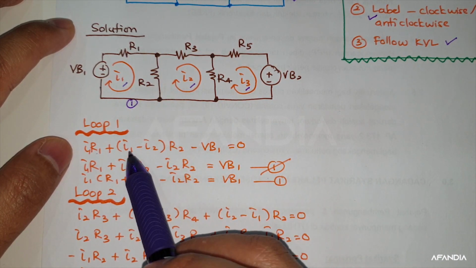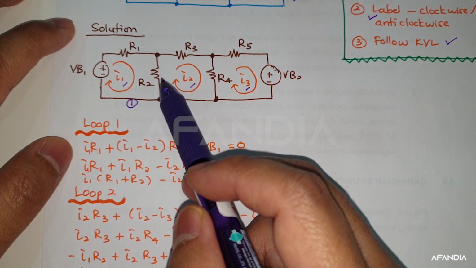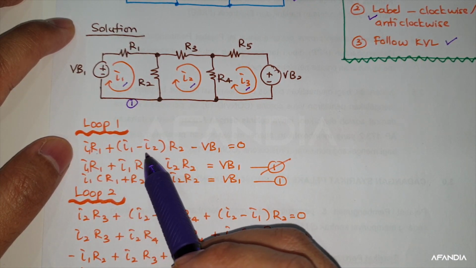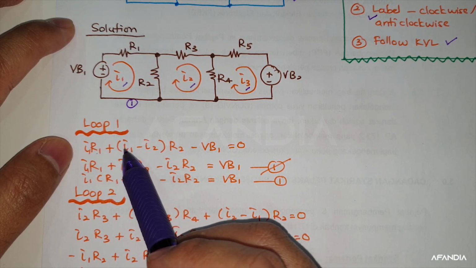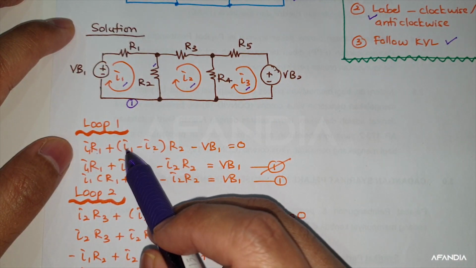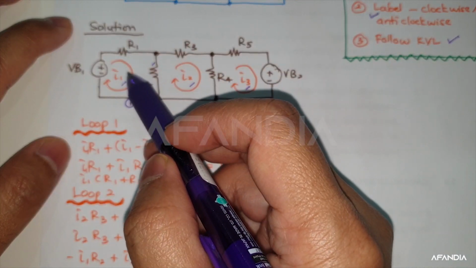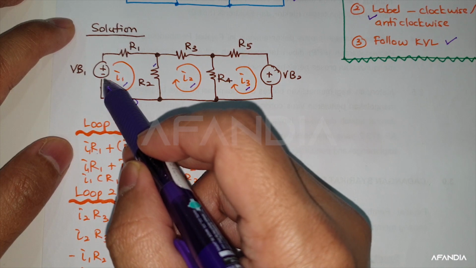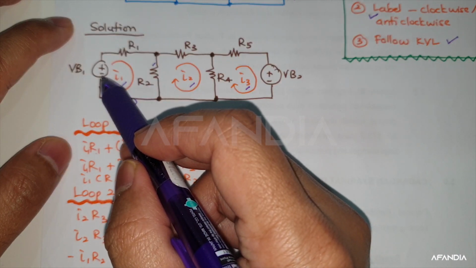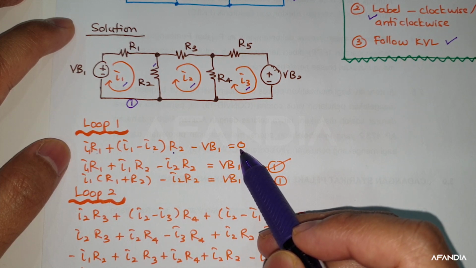For R2, we have 2 different currents, I1 as well as I2, in 2 different directions. That's why I1 minus I2 here. I1 minus I2 multiplied with R2, and then your current approaching this voltage source, minus VB1, equals 0.